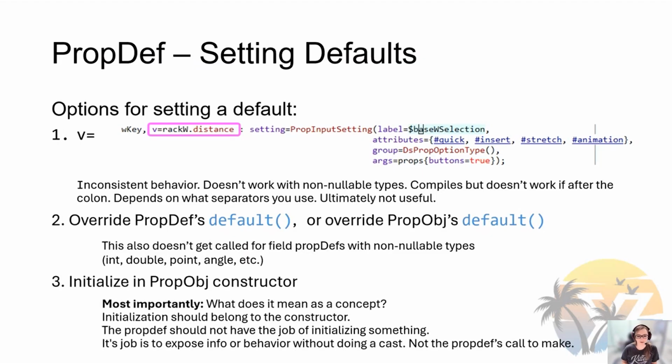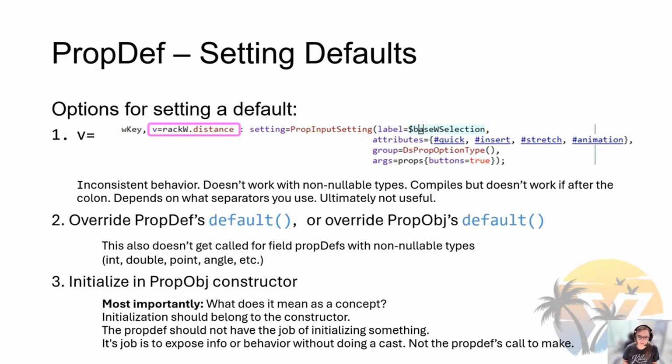Or you can initialize your values in your PropObject's constructor and then not have the PropDef initialize them at all. This is the actual recommended best practice, because if you think about it, what does having a value initialized, giving it a default, mean as a concept? You are giving it the initial value. That should belong to the constructor of the object. The PropDef should not have the job of initializing something.